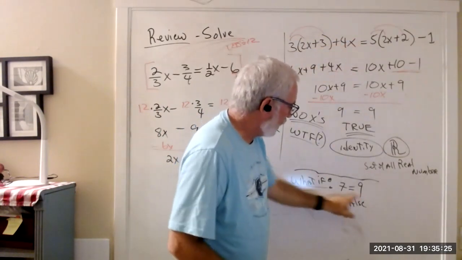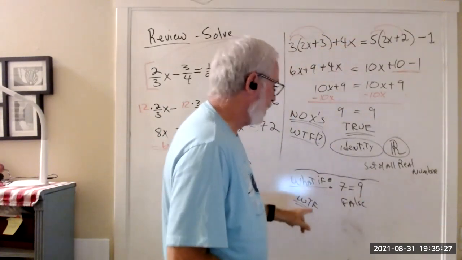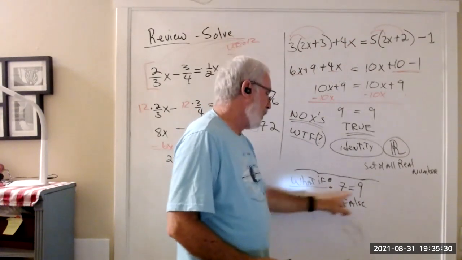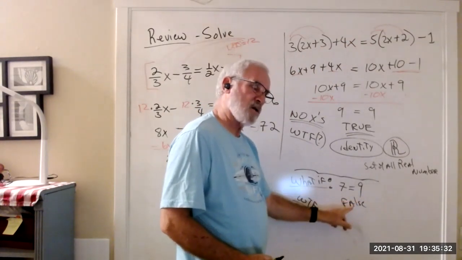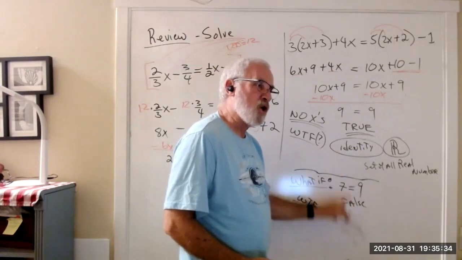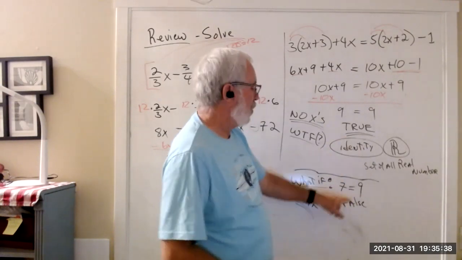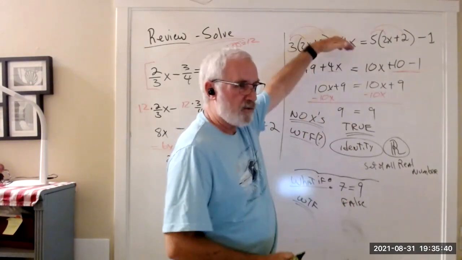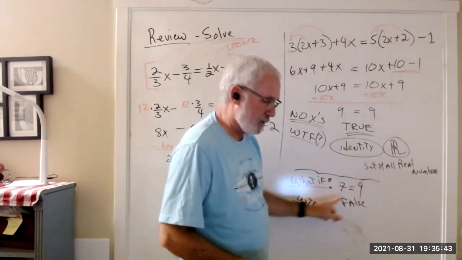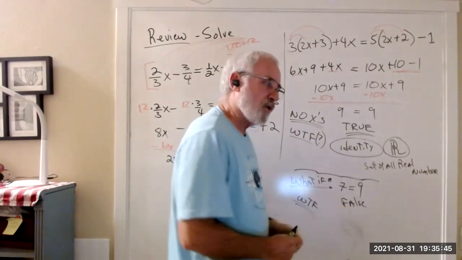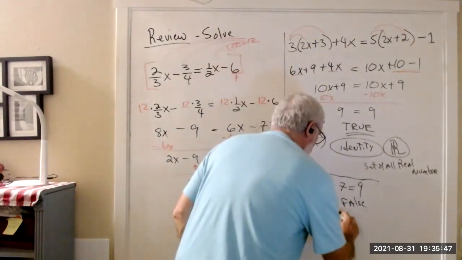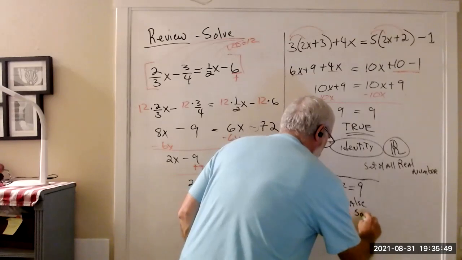But when you run into this, that means no number makes this problem true. There's no number in creation that would have made this problem true if that's what we ran into. So for that, we say no solution.